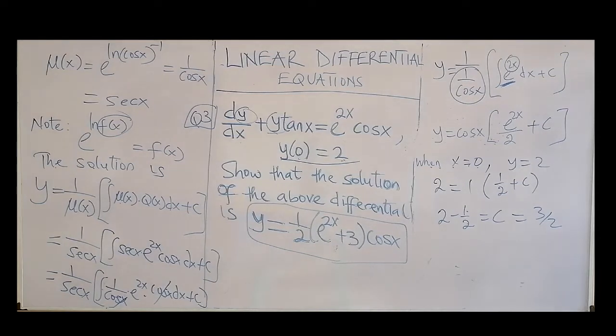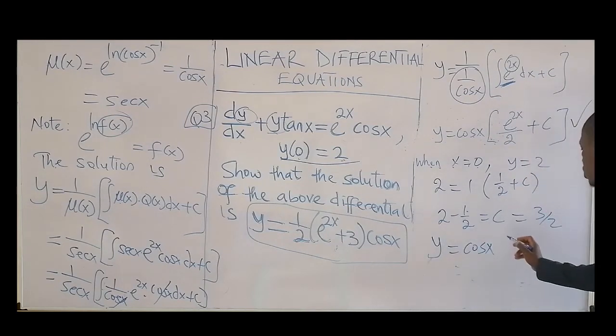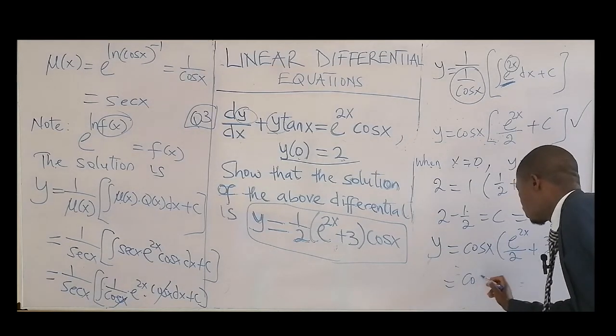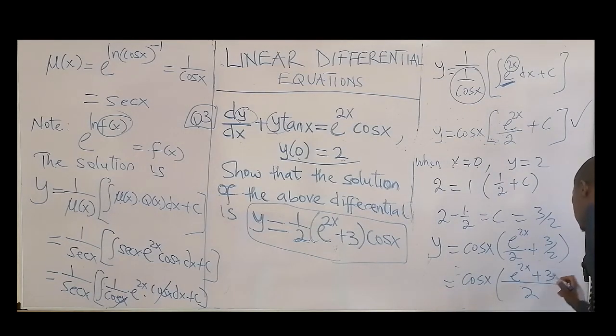So we've gotten c as 3 over 2. We can now come back here and make the substitution. So y is equal to cos x into bracket e to the 2x over 2 plus 3 over 2. Let's do the algebra, and this will be equal to cos x into bracket, all over 2, e to the 2x plus 3. So this 2 here you can take it outside, and that will give us what we are looking for.